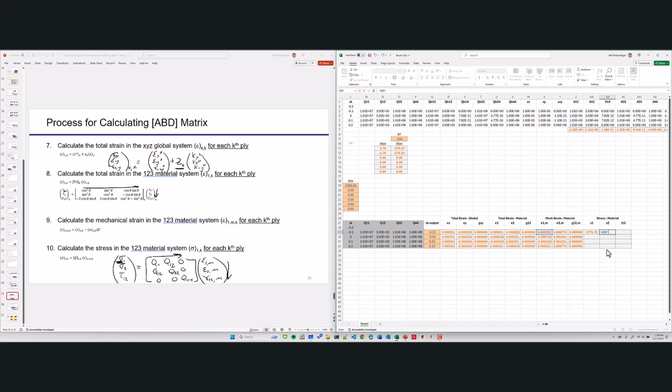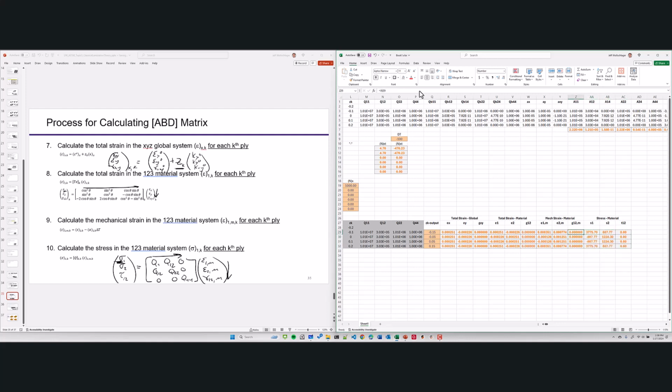E1 times Q12, and then plus E2 times Q22. And then this one equals just gamma 12 times Q44 in my calculation. Okay, and I should be able to just copy this all the way down.